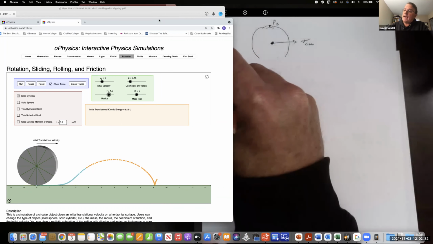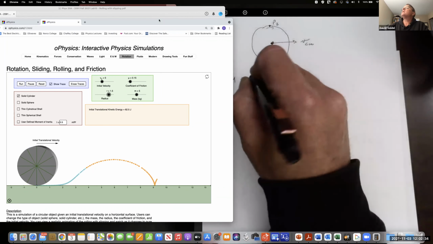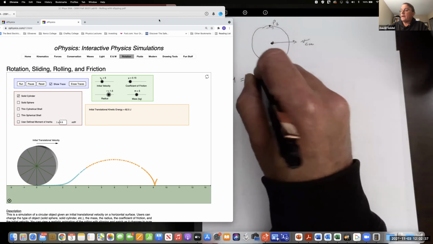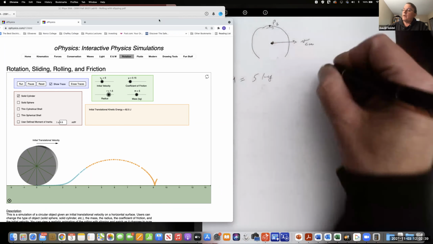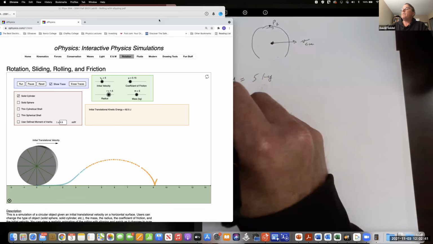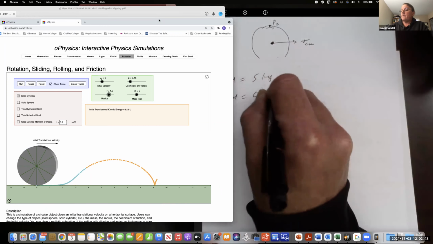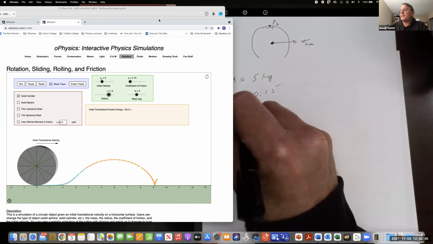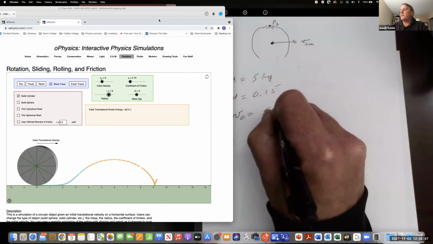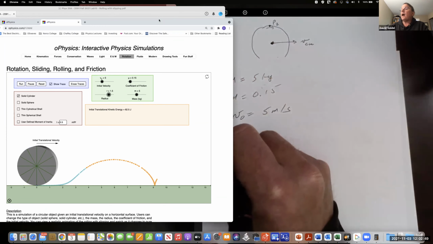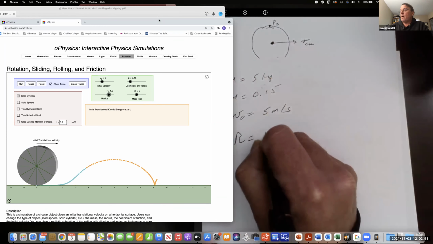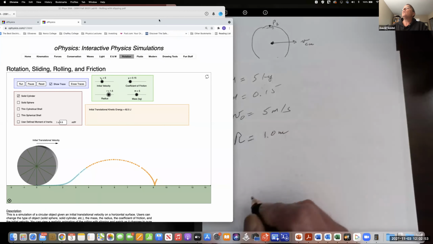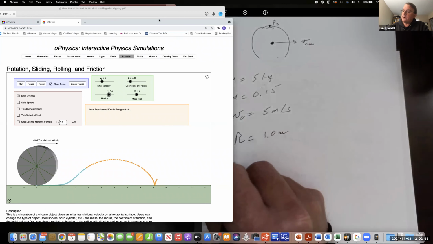So mass equals 0.5 kilograms. We have mu equals 0.15. V0 equals 5 meters per second, and R equals 1.0 meters. We're dealing with a solid cylinder.